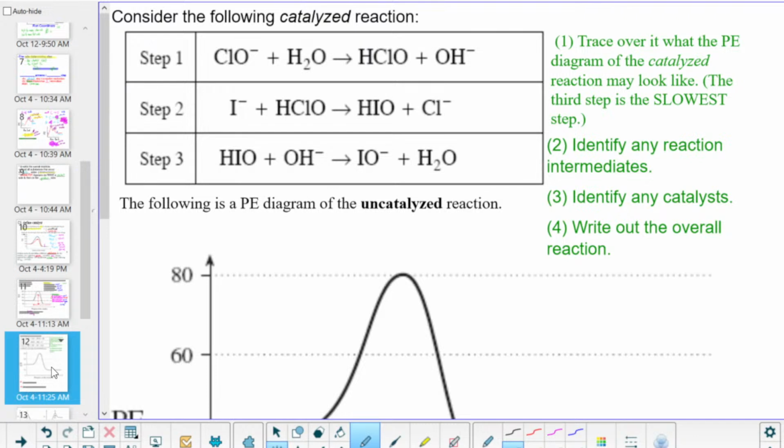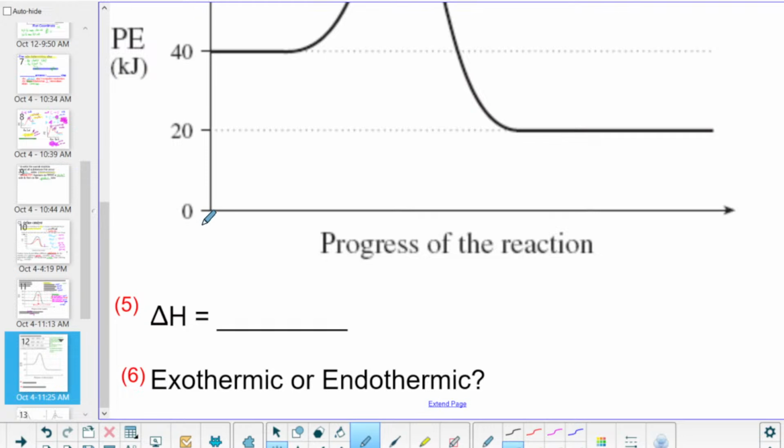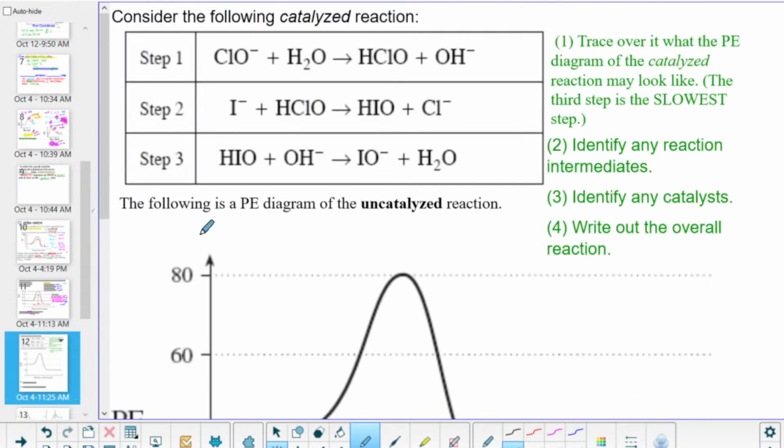I want you to identify all the reaction intermediates, and any catalysts, and I want you to write out the overall reaction. So you're gonna have to add this up. Then exothermic or endothermic, and what is the delta H?